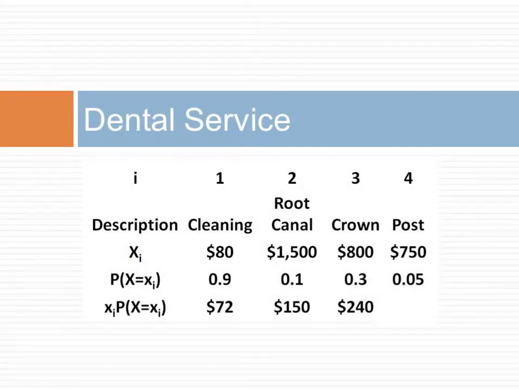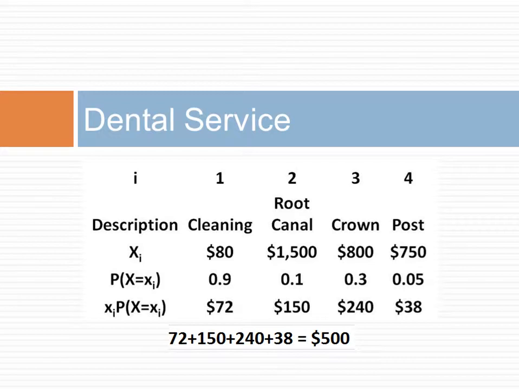The contribution of crown is $240. The expected cost is the sum of each of the contributions. The expected cost for an average patient in this example is $500.